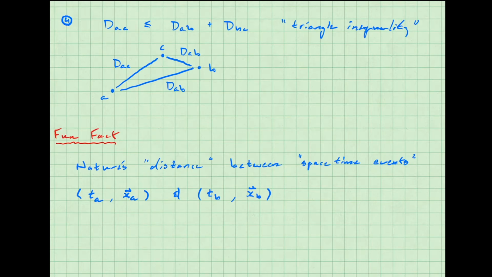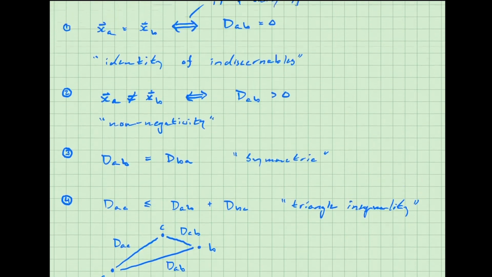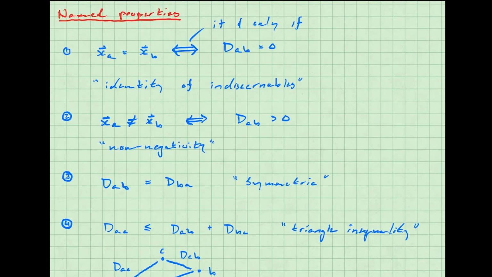So it turns out that nature's way of having a universal definition of some kind of distance between these kinds of events violates all of those properties except property 3. So all 4 of those properties, with the exception of 3.